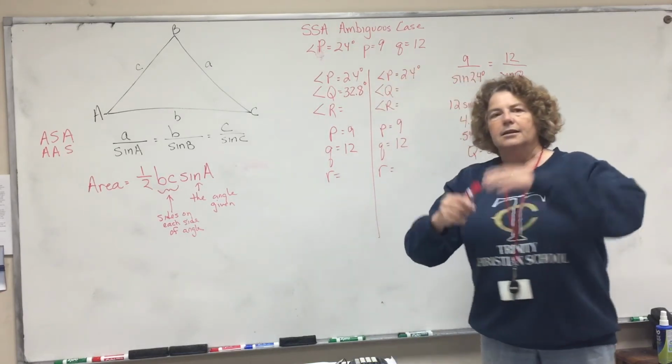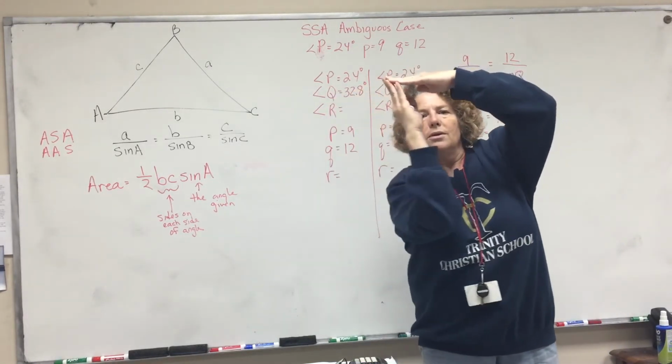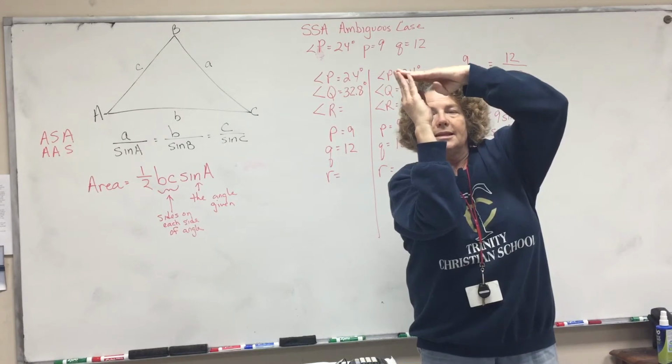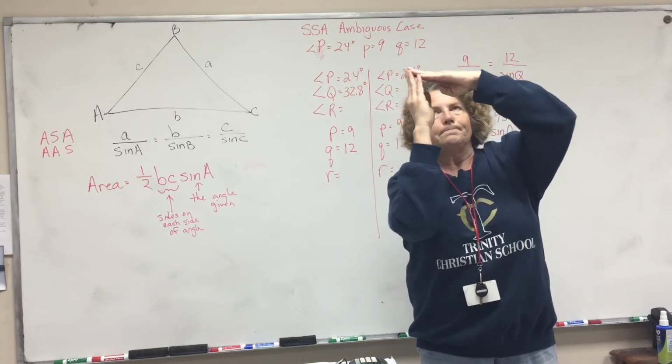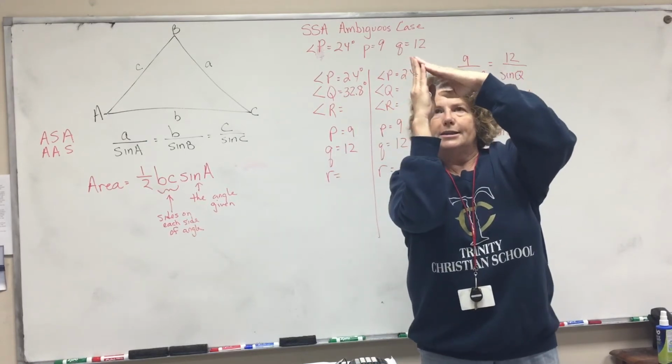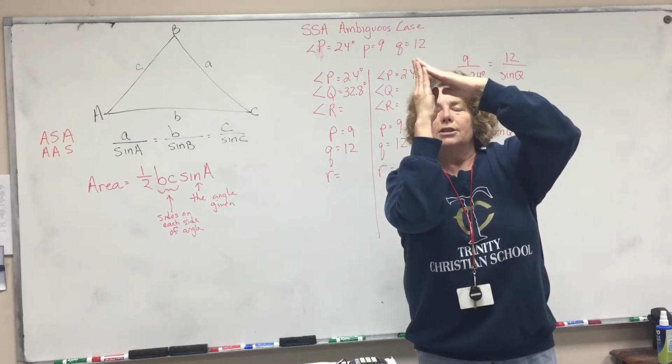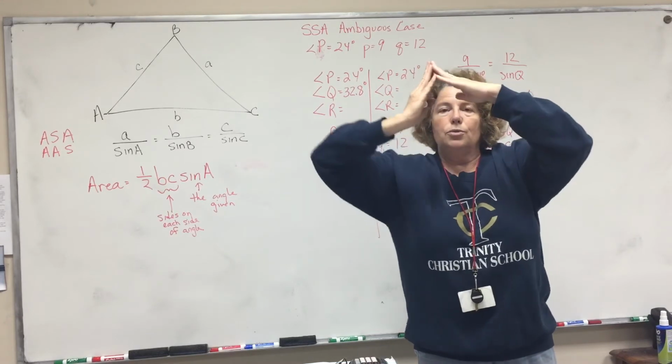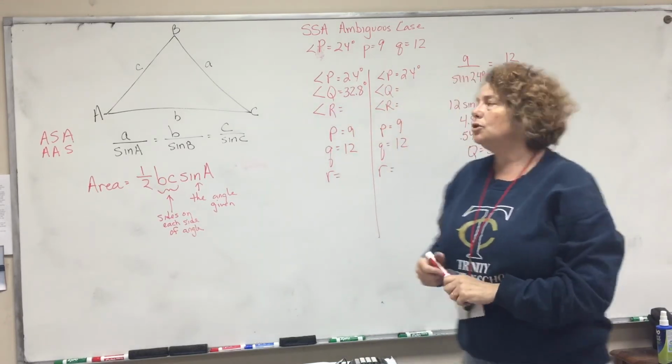Now that's the situation where Q is like this, because if the bottom is Q, Q would be like this because 32.8 is an acute triangle. But what if Q was longer? Then you'd have an obtuse triangle.